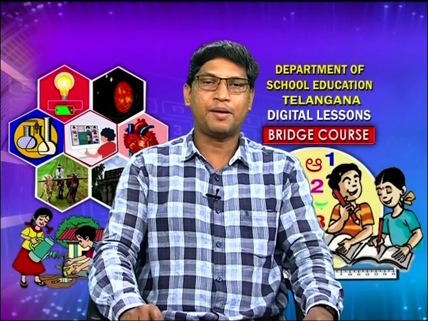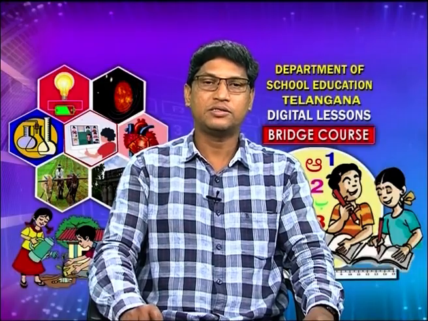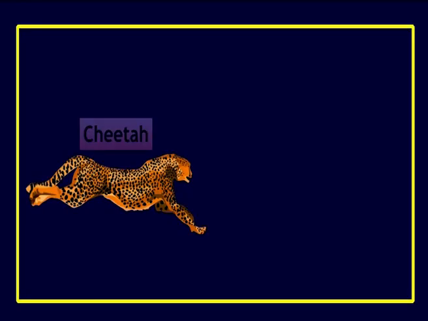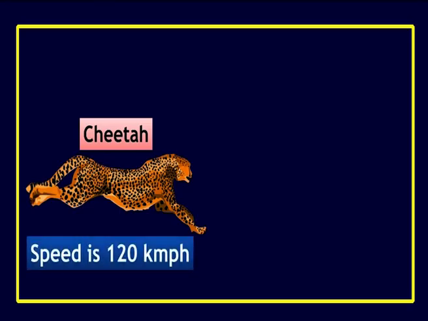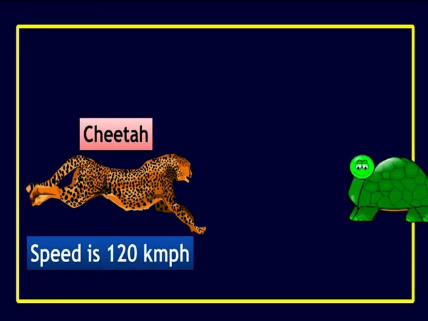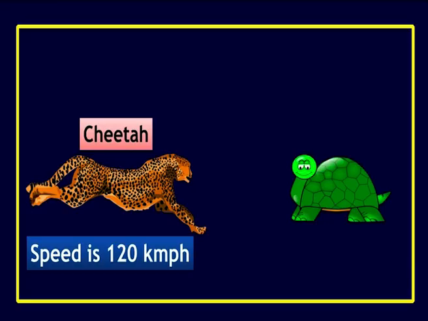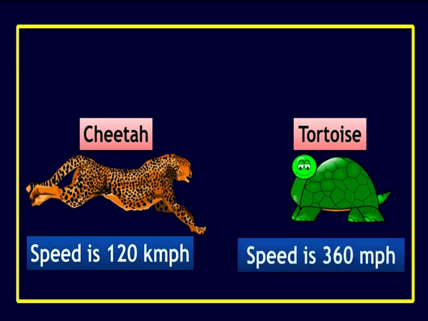Let us take an example to understand better. Here you can see a cheetah, and the speed of the cheetah is 120 kilometers per hour. It runs very fast, isn't it? 120 kilometers in 1 hour. Now let us take another one here. Yes, it's a tortoise, and the speed of the tortoise is 360 kilometers per hour.